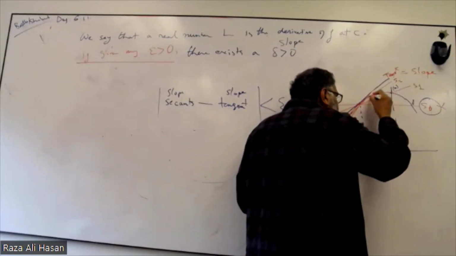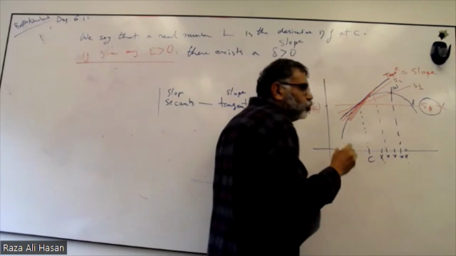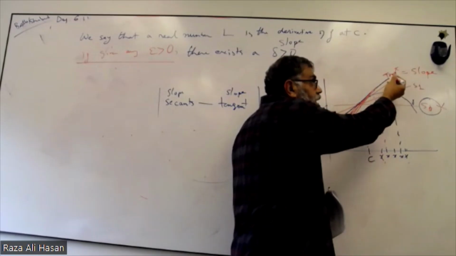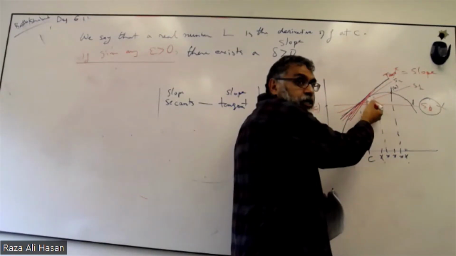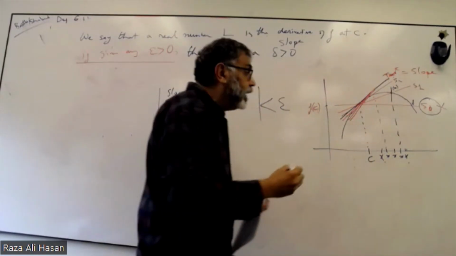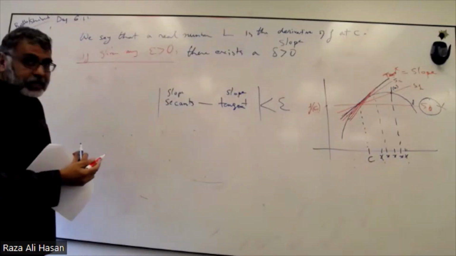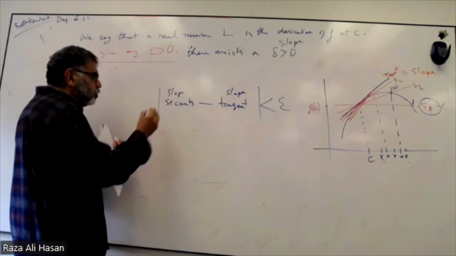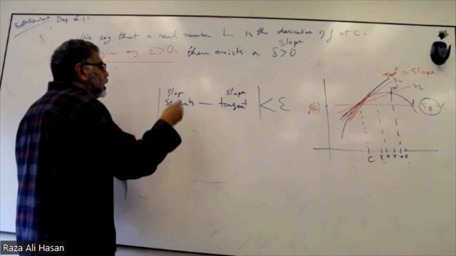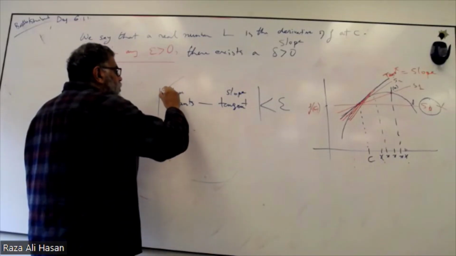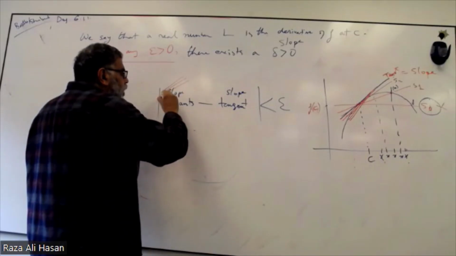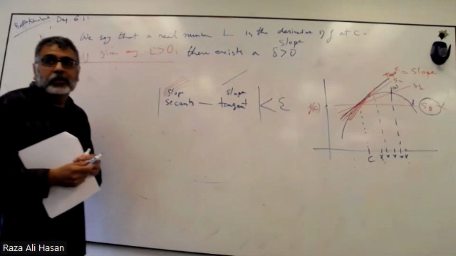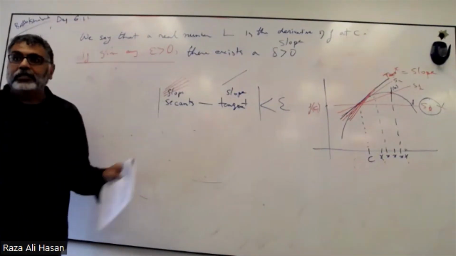Every one of the secant lines that I put right before it stops touching the second point and becomes a tangent line. So what do I write here? Is everybody following? So what we have here is a bunch of secant lines, but only the ones that are very close to the tangent line here, within epsilon distance of the tangent line.